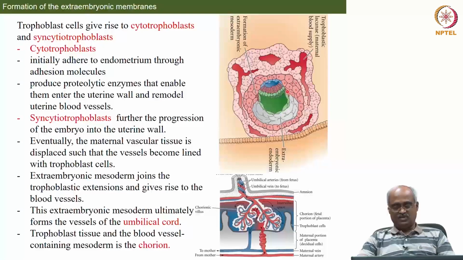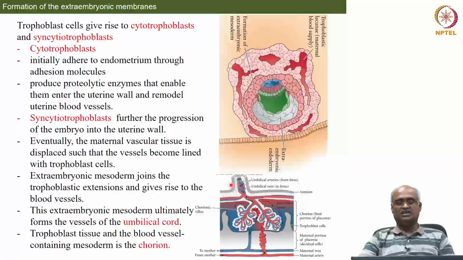So, these are the ones that are eventually going to form the blood vessels from the fetus side, okay, and that is what is going to give rise to the blood vessels within the umbilical cord. Okay, so umbilical cord, as you see here, is the connection between the fetus and the mother, and that umbilical cord itself and the blood vessels inside it are formed by these extra embryonic mesoderm.